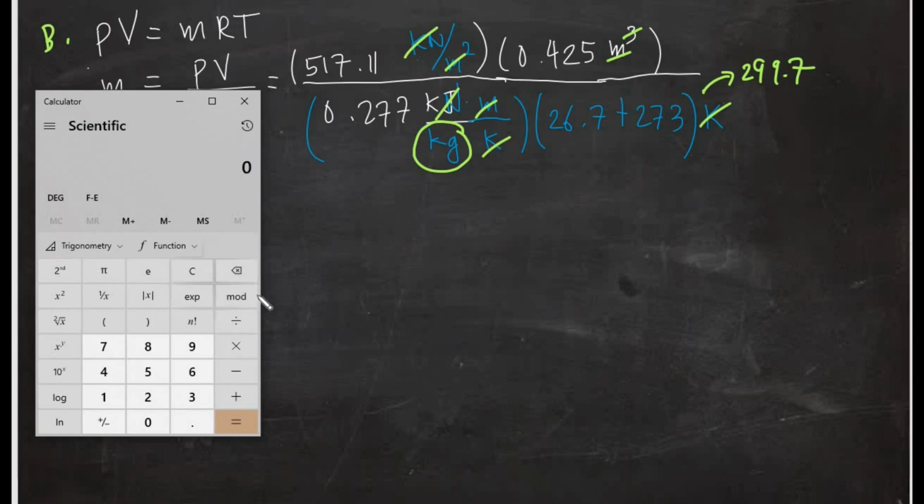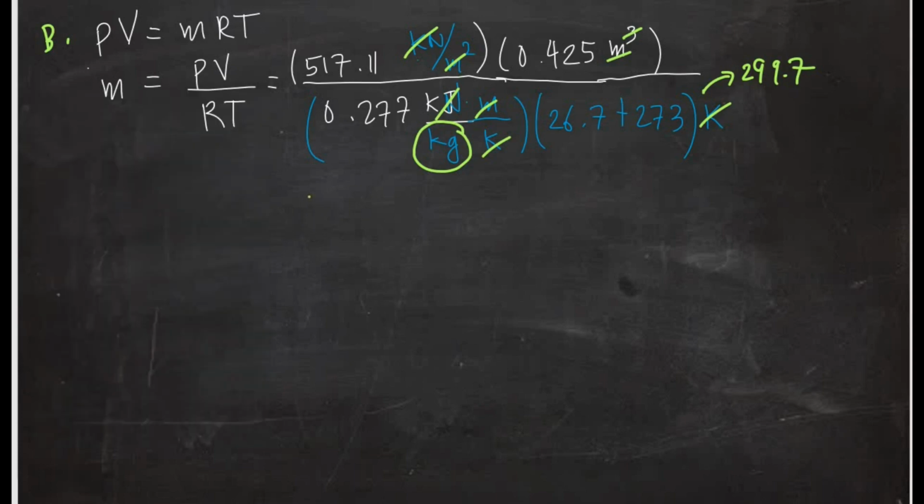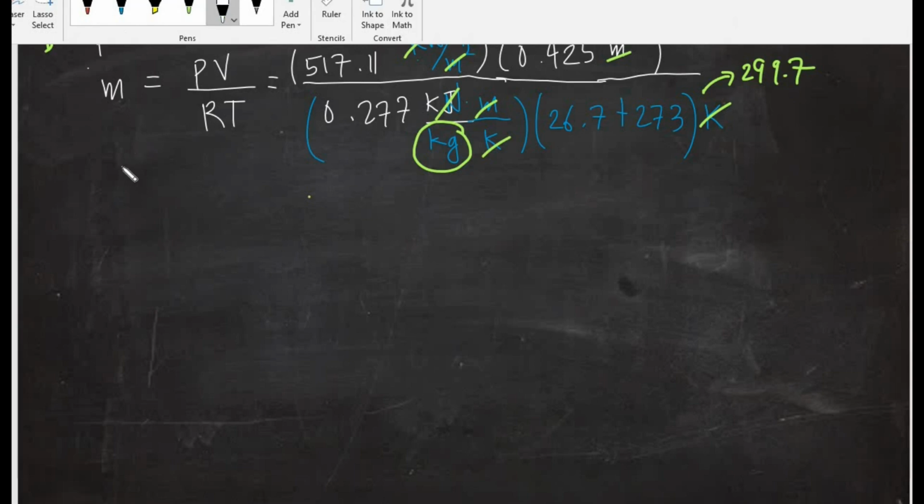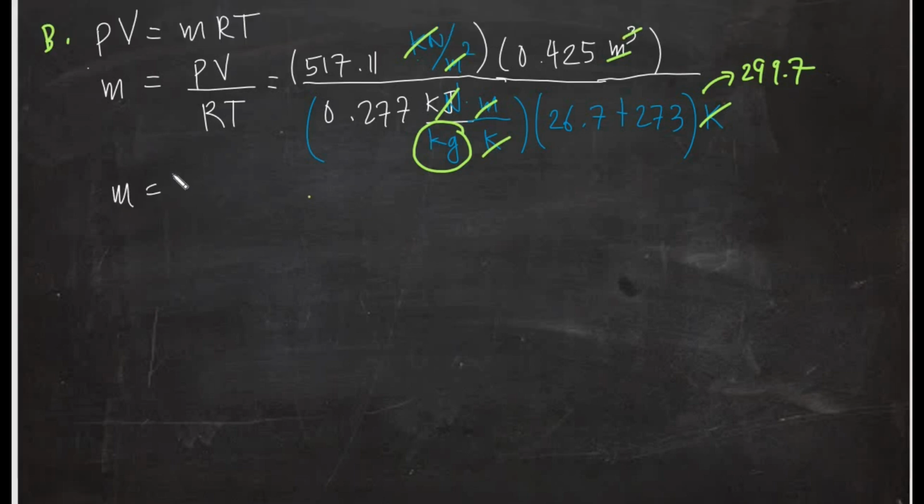And then we'll do 517.11 times 0.425, and then divide that by 2.277 times 299.7. Okay, so the answer is 2.65. So the mass that would occupy the said volume is equal to 2.65 kilograms.